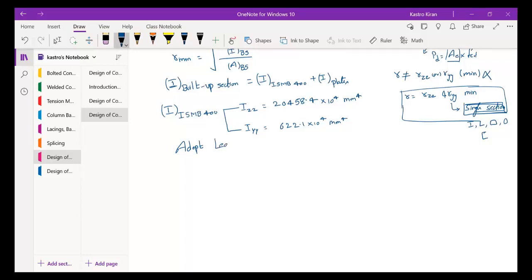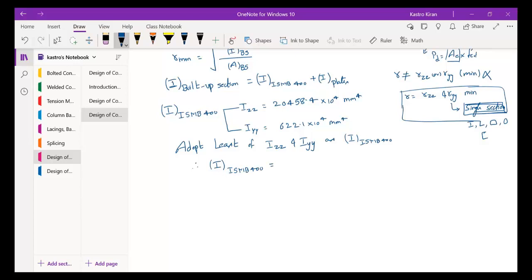Adopt the least of IZZ and IYY as the moment of inertia of ISMB 400. So therefore, the moment of inertia of ISMB 400 equals the least of IZZ and IYY.